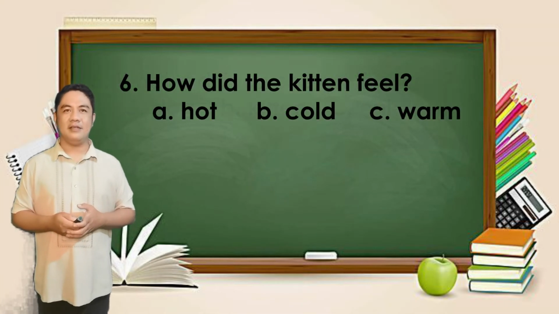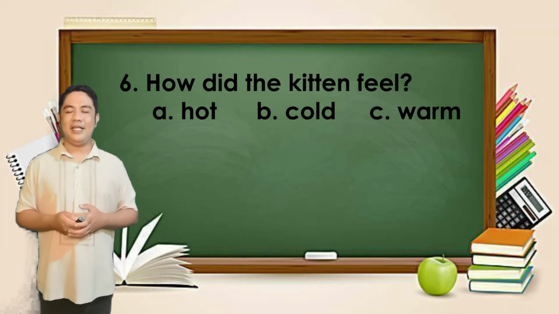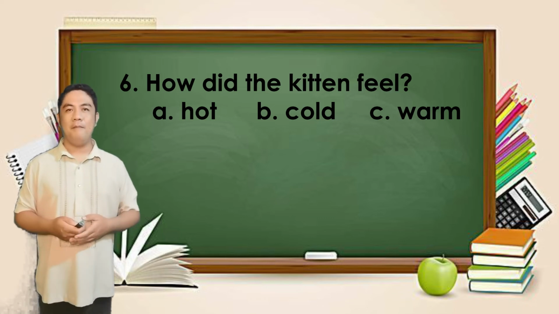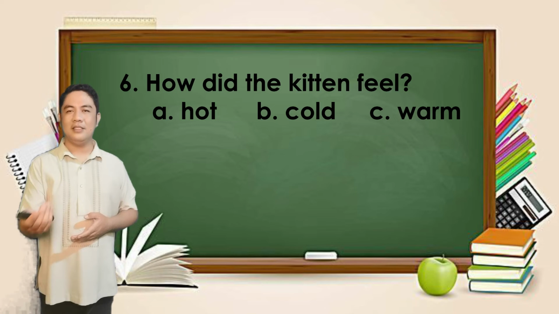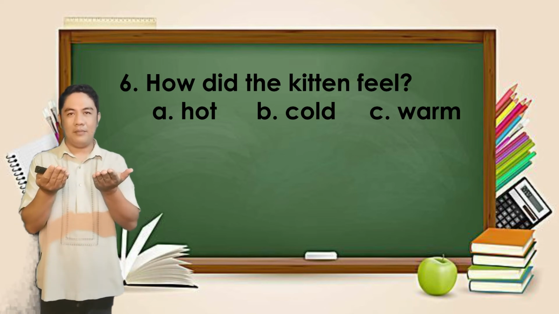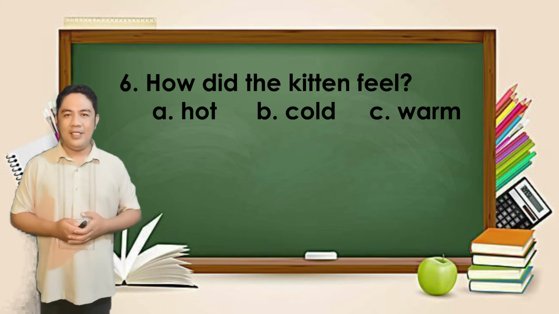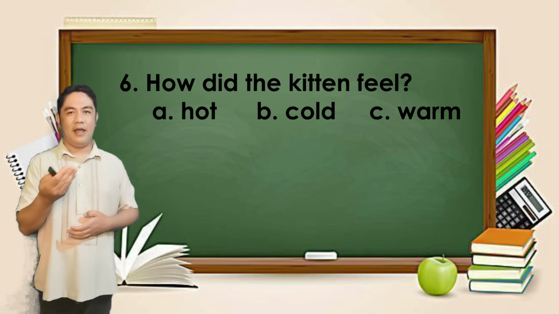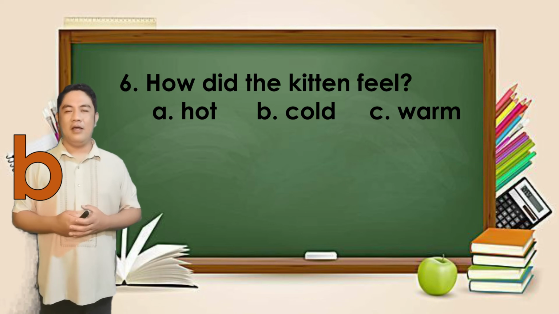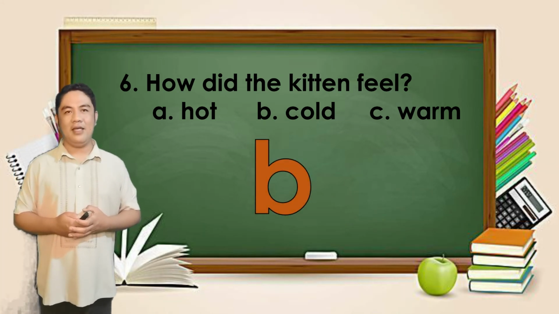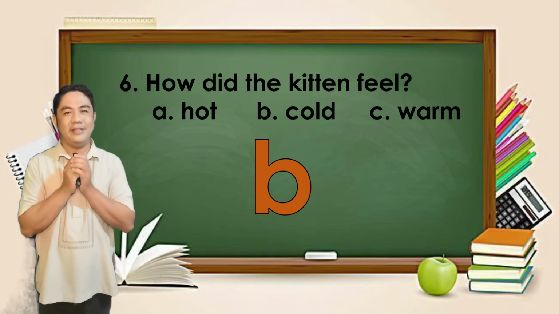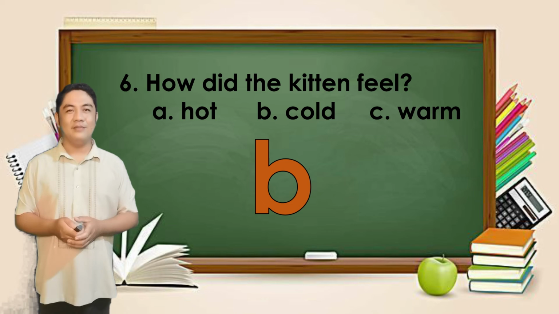For number 6, how did the kitten feel? A. Hot. B. Cold. C. Warm. The right answer for this number is letter B. Because if the weather is rainy, normally we get cold, right?